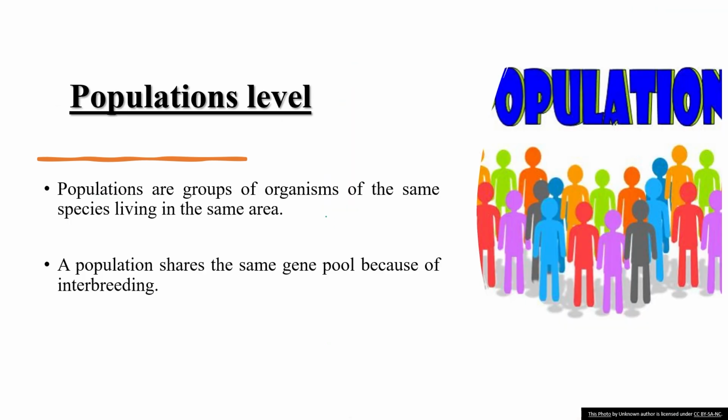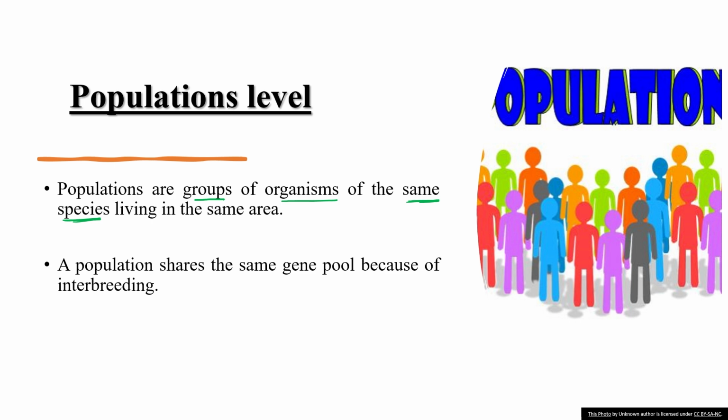After the organism level, the population level. Population level means a group of organisms of the same species. If they mate, they can reproduce fertile offspring.